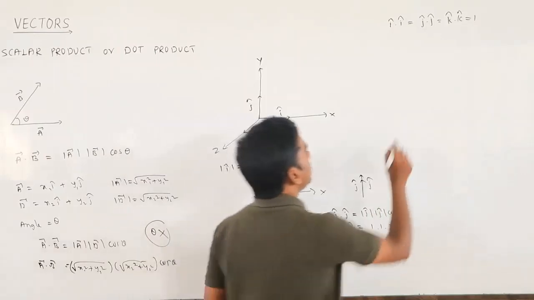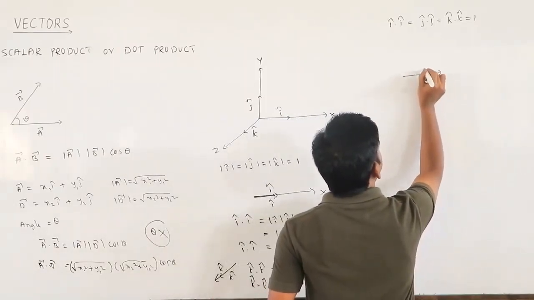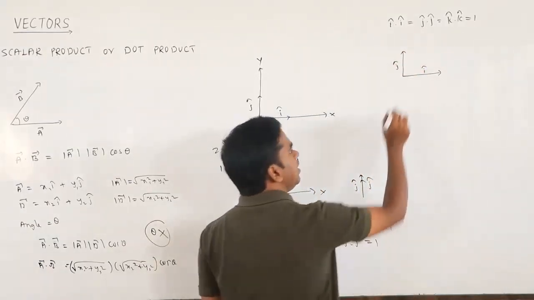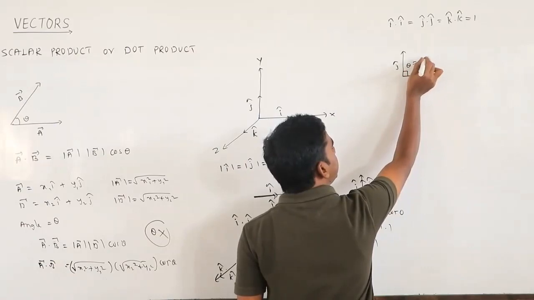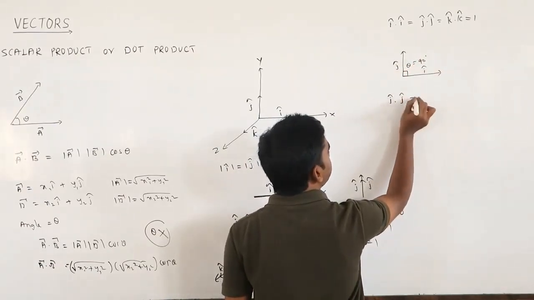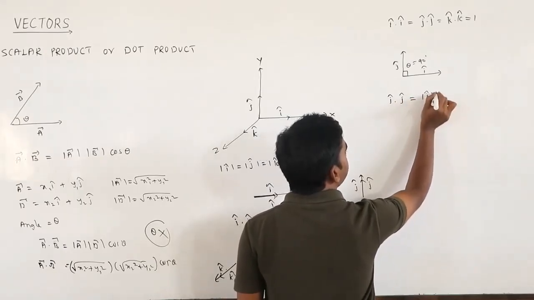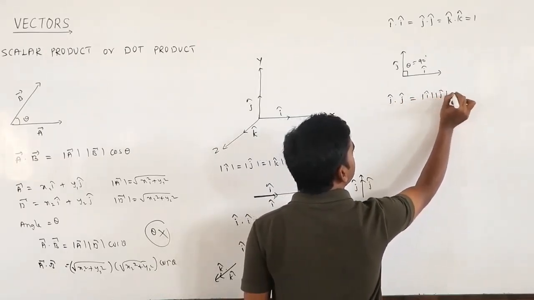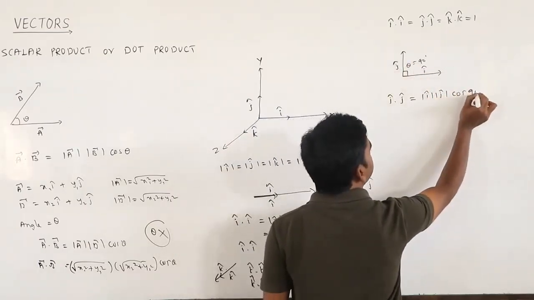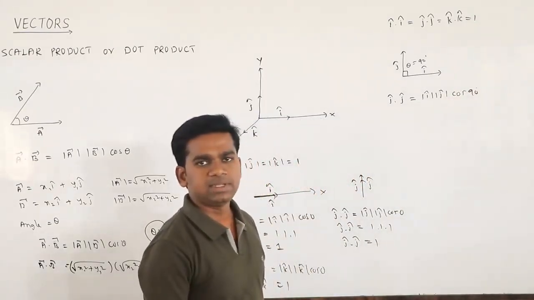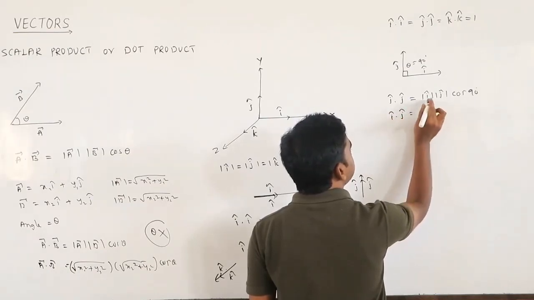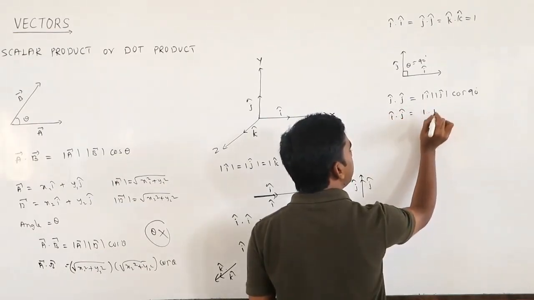So i cap is here and j cap is here. What is the angle between them? The angle between them is 90 degrees. So now i cap dot j cap is equal to magnitude of i cap, magnitude of j cap, cos of the angle between them, which is 90 degrees. So magnitude of i cap is 1, magnitude of j cap is 1.